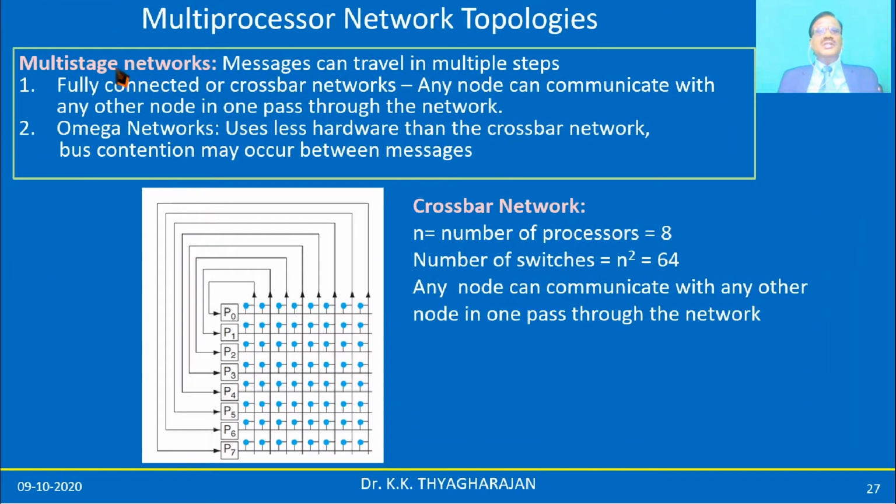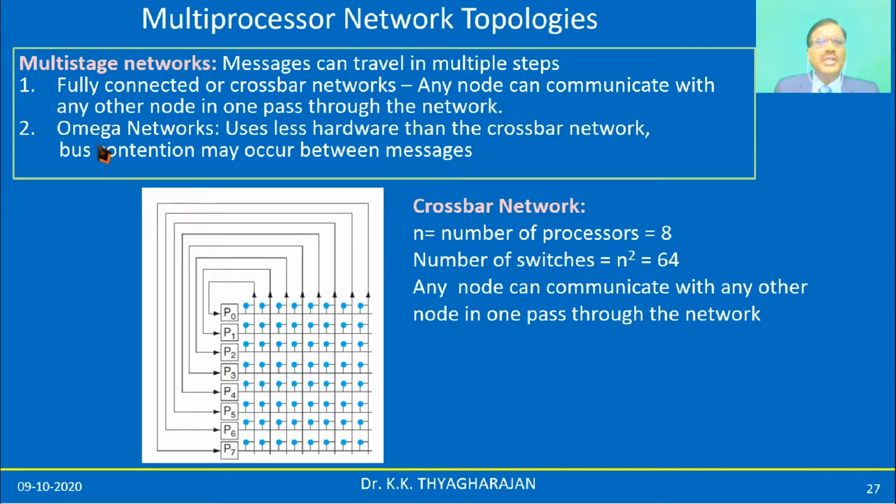The next one is multi-stage networks. In this case, messages can travel in multiple steps. There are two types. One is fully connected or crossbar networks. The other one is omega networks. In the case of a fully connected network, any node can communicate with any other node in one pass through the network.